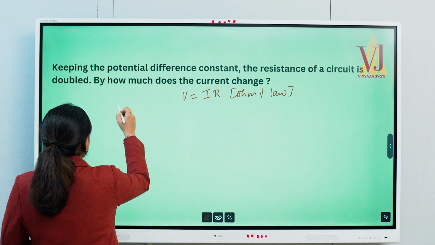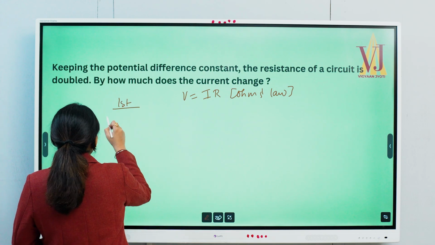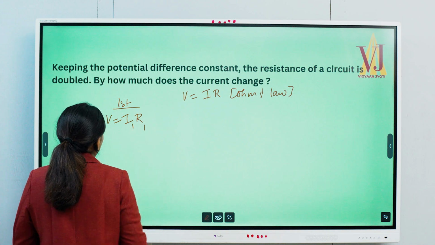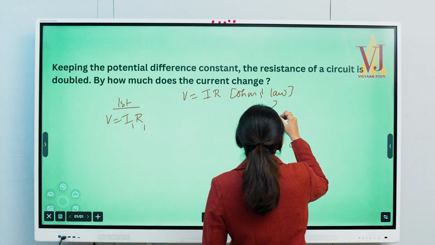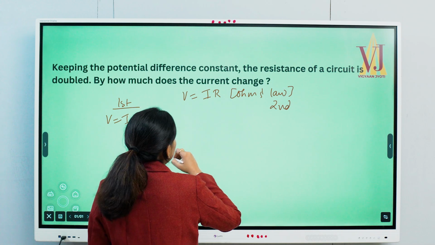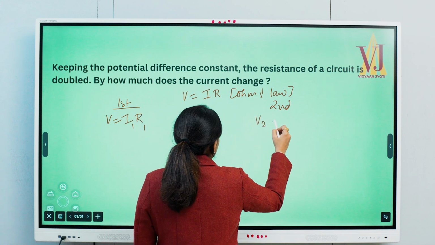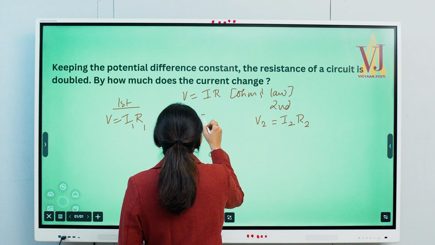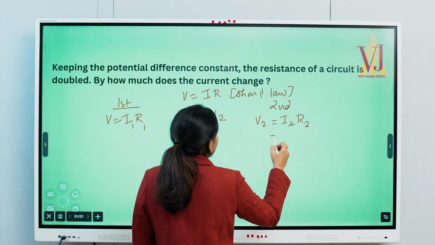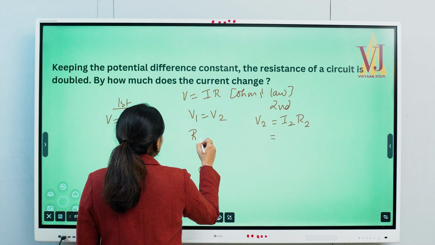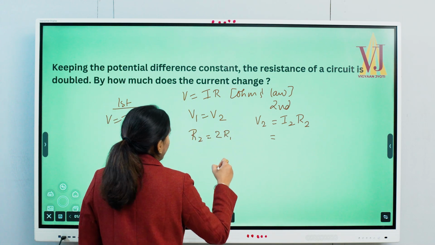Now first case, V equals I1 R1. V is constant. Now in the second case, let me write the equation first: V equals I2 R2. Now we know that V1 is equal to V2. Resistance is doubled, that means R2 is equal to 2R1.